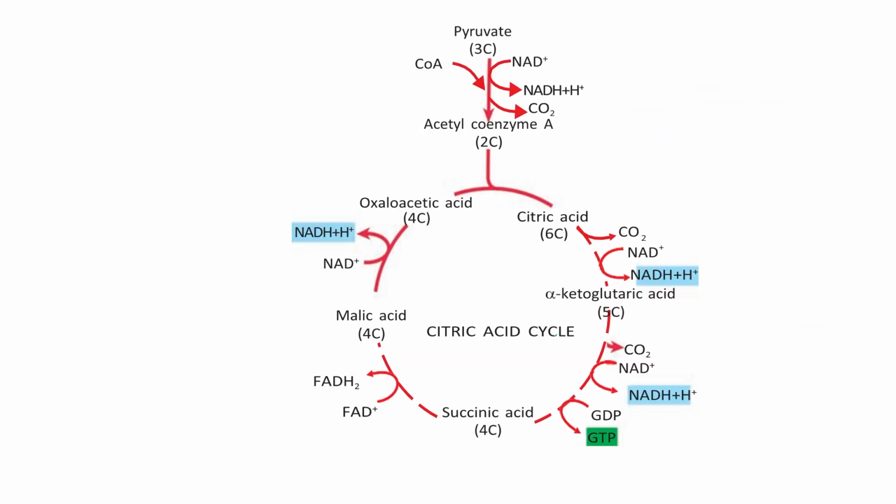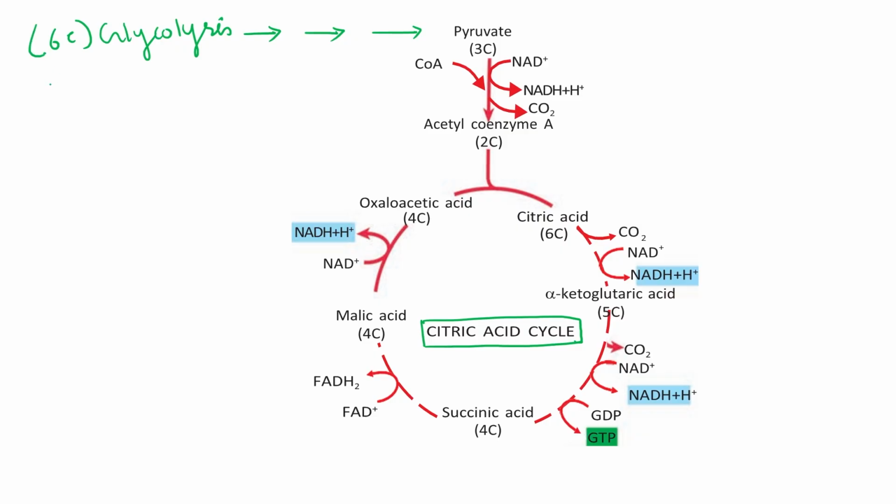Now this is the TCA cycle or citric acid cycle we have just discussed. And this pyruvate has been generated as the last product of glycolysis, right? And a 6-carbon molecule, glucose.